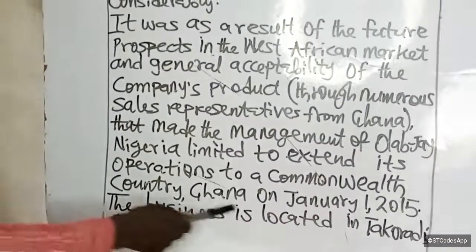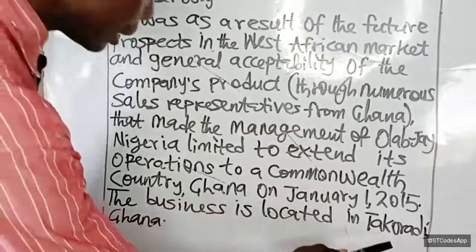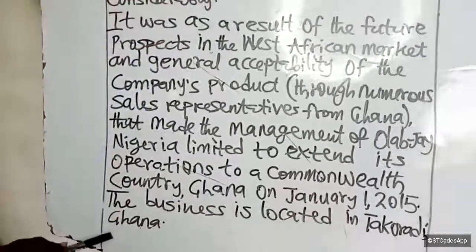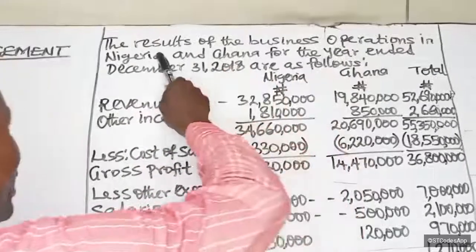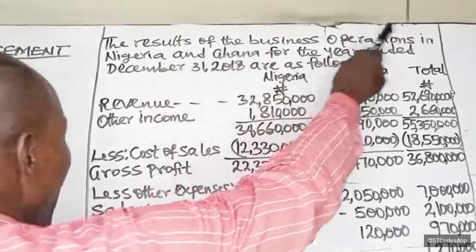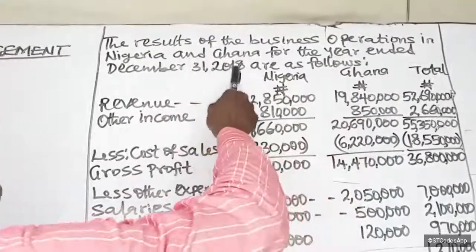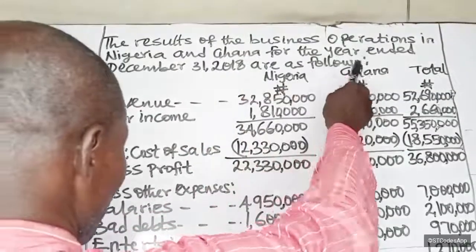The business is located in Takoradi, Ghana. The results of the business operations in Nigeria and Ghana for the year ended December 31st, 2018 are as follows.